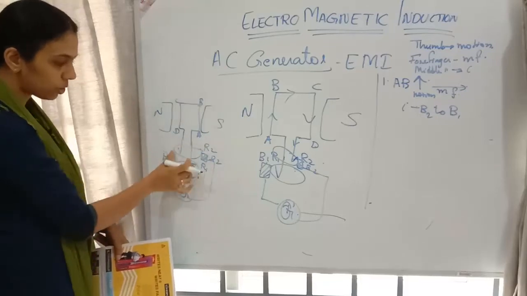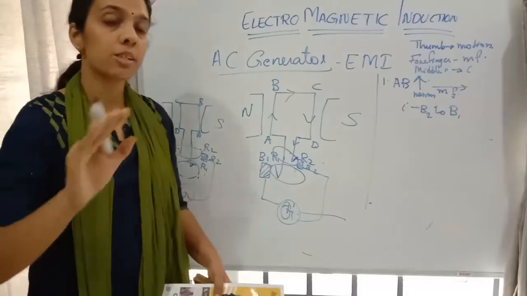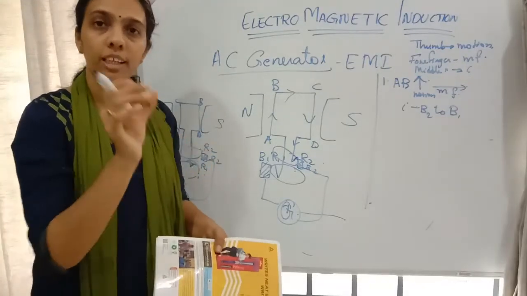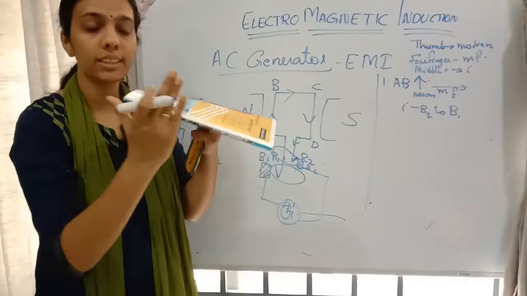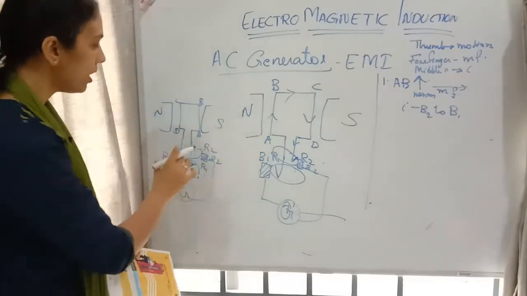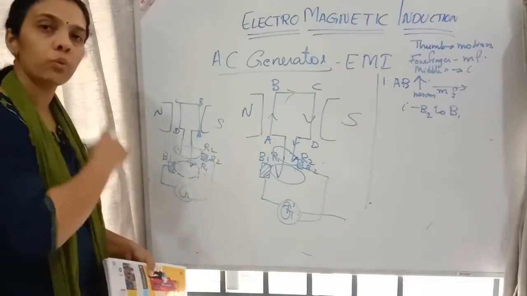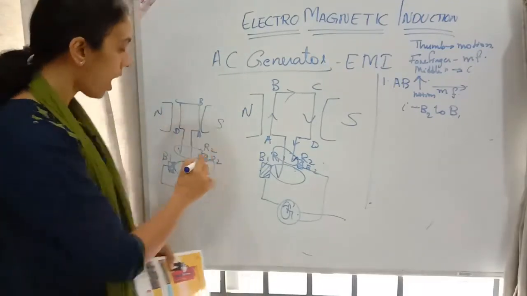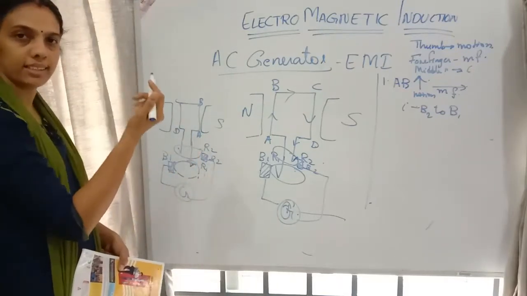Only this much portion will be moving. B1 and B2 are just in touch. It is not connected, not attached. It is just in contact. That's all. So when it is rotating, A, B, C, D and this R1 and R2 will be moving. But since R1 and R2 are full rings, they just rotate like that itself.